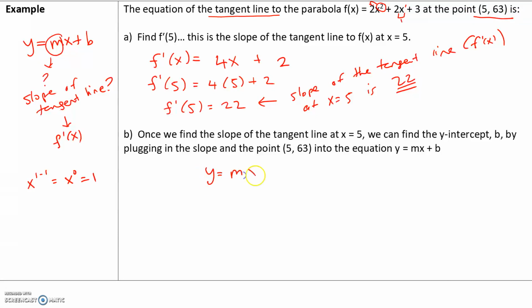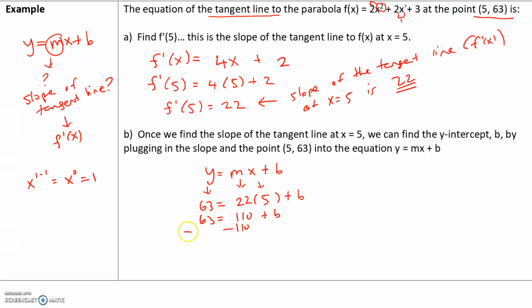So in the equation y equals mx plus b, our y value is 63. Our slope m is equal to 22. The x value is equal to 5, and then plus b. So we've got 63 equals 110 plus b.